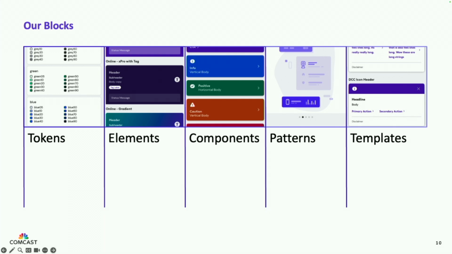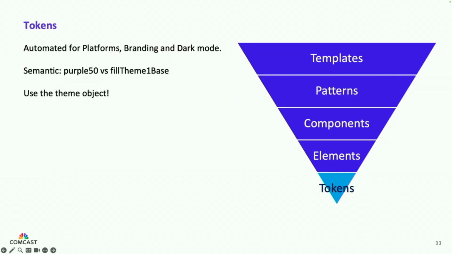We have elements, and then we have components, patterns, and templates. Components are things like buttons, cards, checkboxes, line items. Patterns are like accordions, stuff that's a little bit more complicated. We put our app bar into a pattern bucket. And then finally, templates are usually for full screen takeovers, but I'll get into that next.